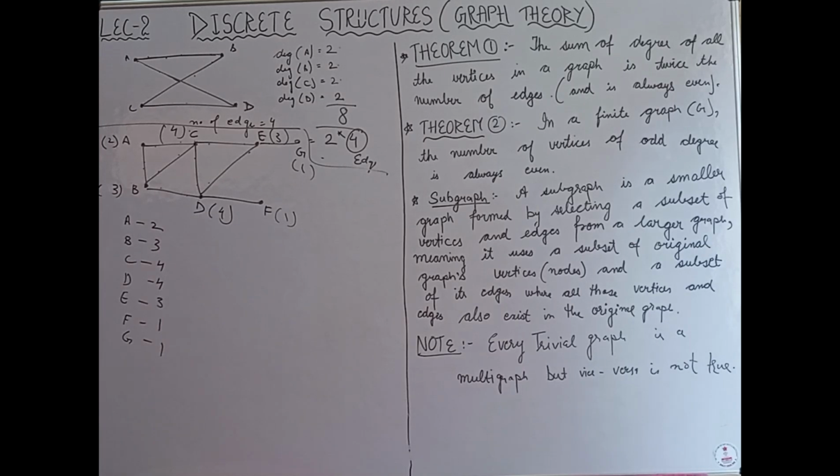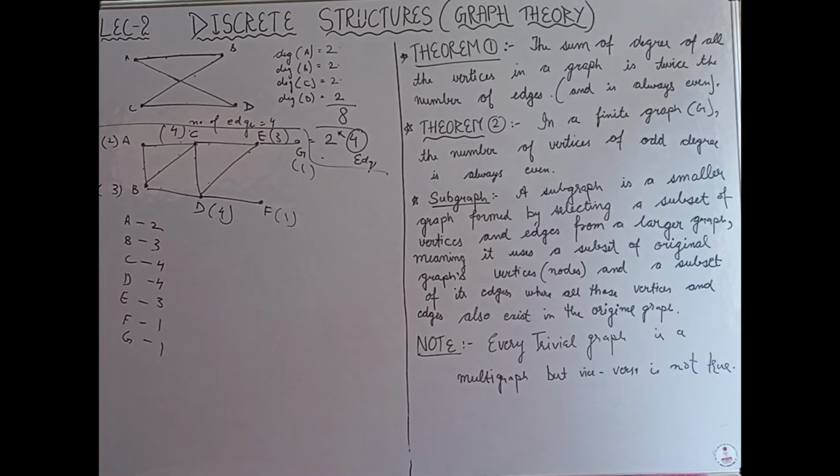An odd degree vertex means the vertex which has an odd number as its degree. So B has odd degree 3, C has even 4, D has even 4, E has odd 3, and F and G both have degree 1, which is odd.